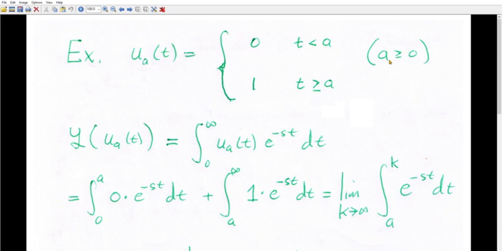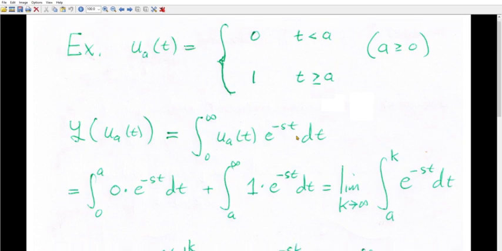Okay, so let's calculate the Laplace transform. The Laplace transform of u_a of t is the integral from 0 to infinity of u_a of t e to the minus st dt. And now let's remember that our function is 0 when t is less than a and 1 when t is bigger than or equal to a.